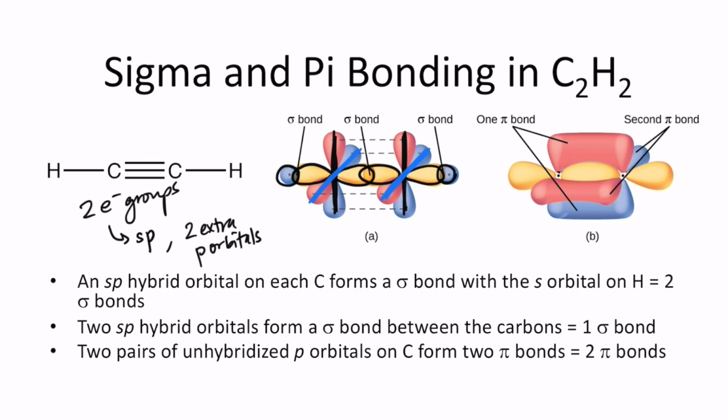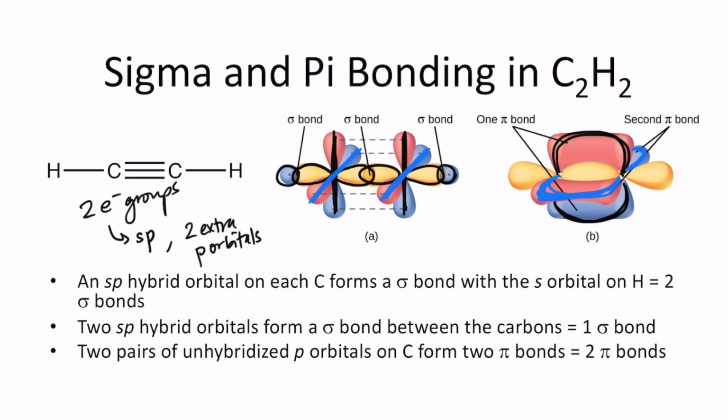So this part here and this part here, those are formed by the black ones that I drew, and it makes the pi bond that goes above and below the axis. And the ones that are sticking forward and backwards are going to make this pi bond that's in the back and the front of the page. So that's the second pi bond.